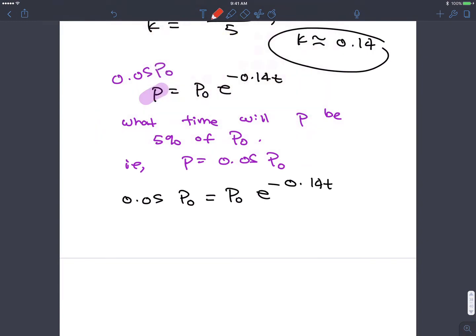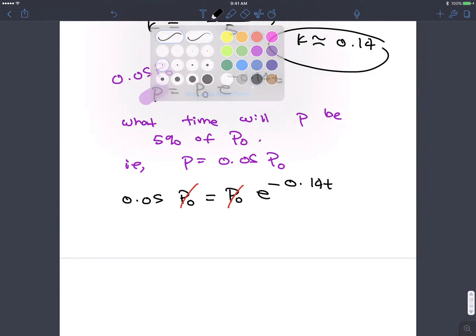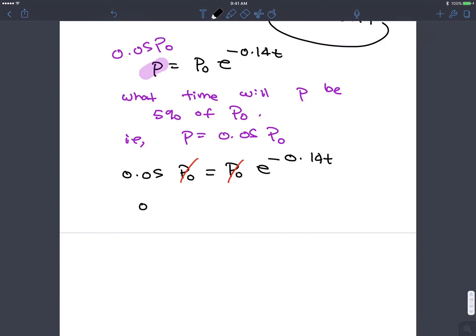We can solve for t. You can divide both sides by P naught or simply cancel it out. We get 0.05 equals e to the minus 0.14 t. And the natural log of 0.05 is the natural log of e to the minus 0.14 t.